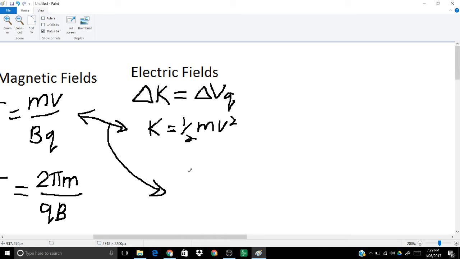So I'm going to write V equals, upon rearranging that, BQR on M. All right.